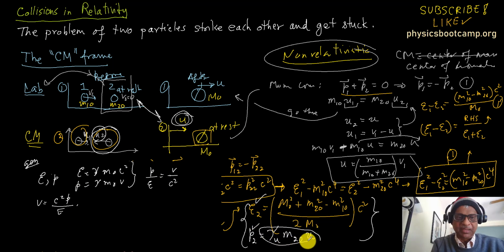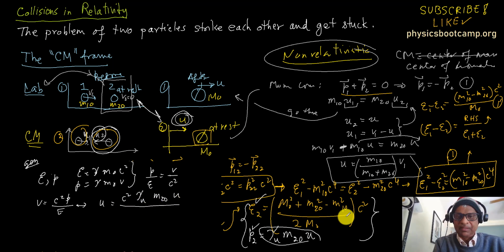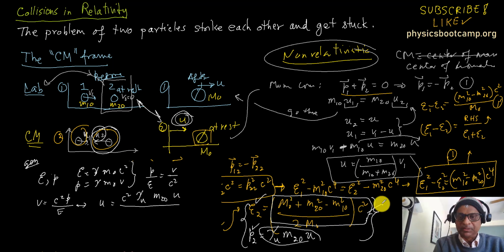So if this is the P, in this case it will simply be U. This will simply be V, U equal to C squared gamma U M2,0 U over, let's call it delta M, let's call it mu c squared. So this whole thing is mu times c squared.